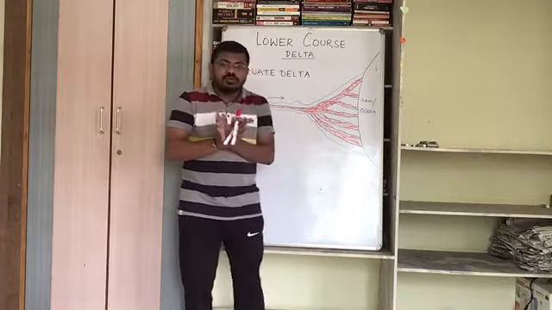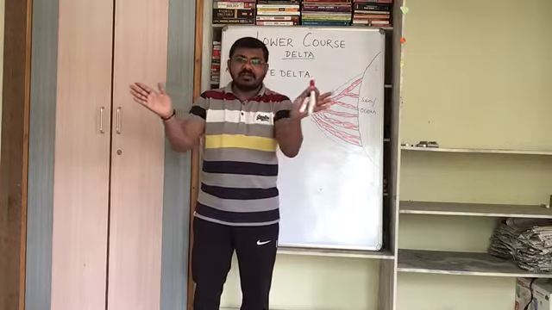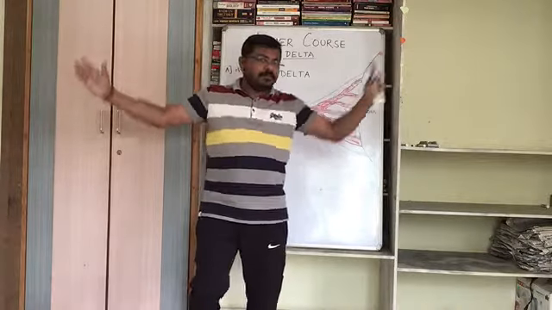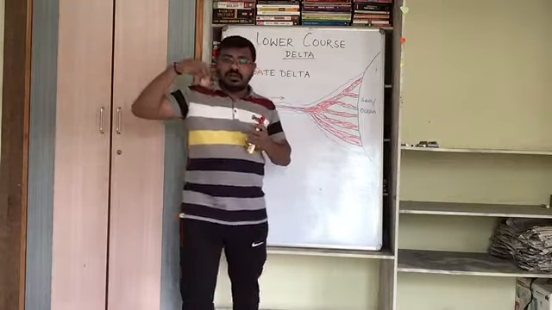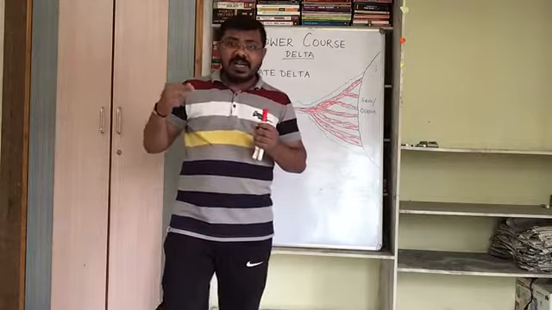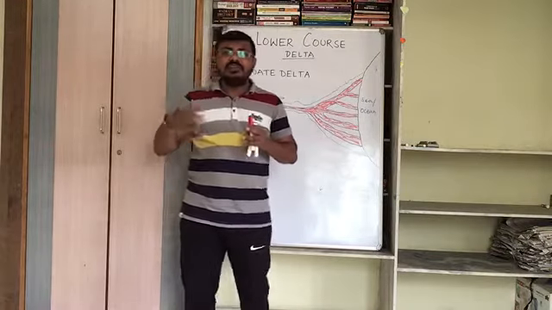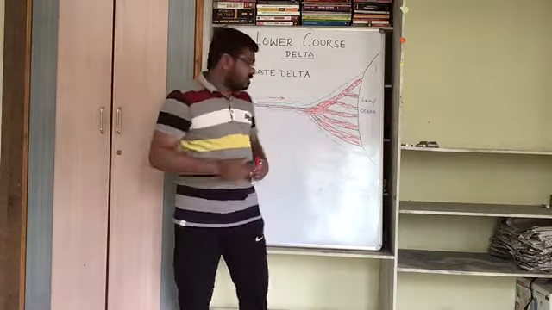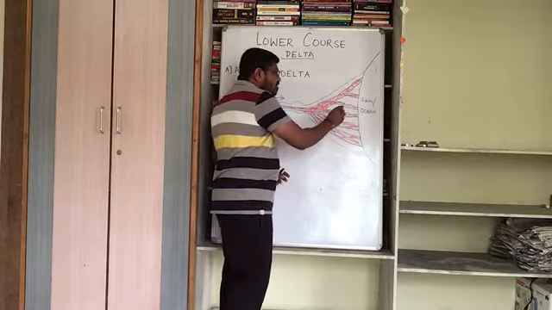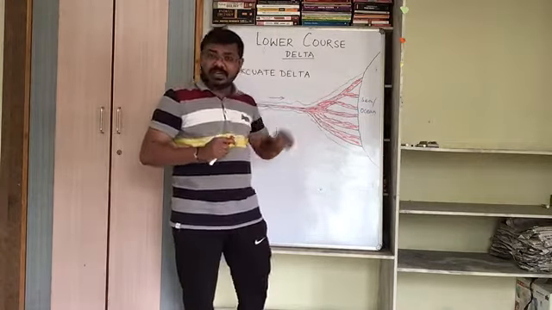So a river bifurcates and covers a larger area, and the main channel of the river starts bifurcating into so many distributaries. You can see there are a lot of distributaries shown in this diagram.